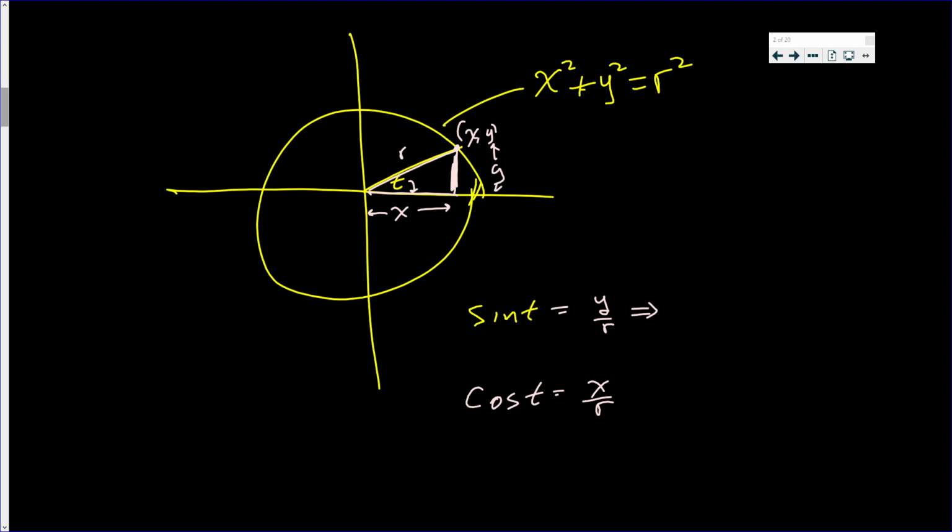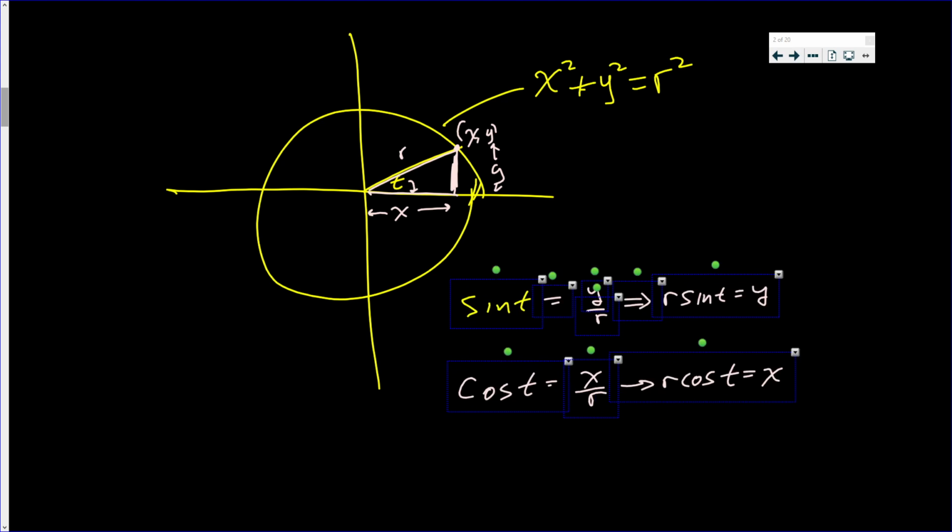Well, multiplying both equations by r, we get that r sine t is y. r cosine t is x. That's exactly what we get.